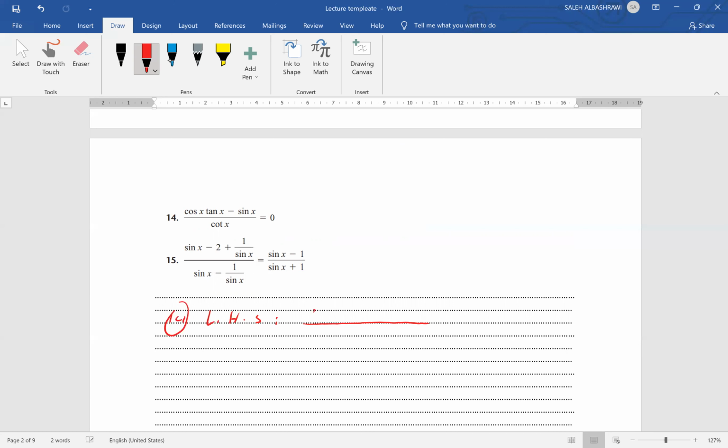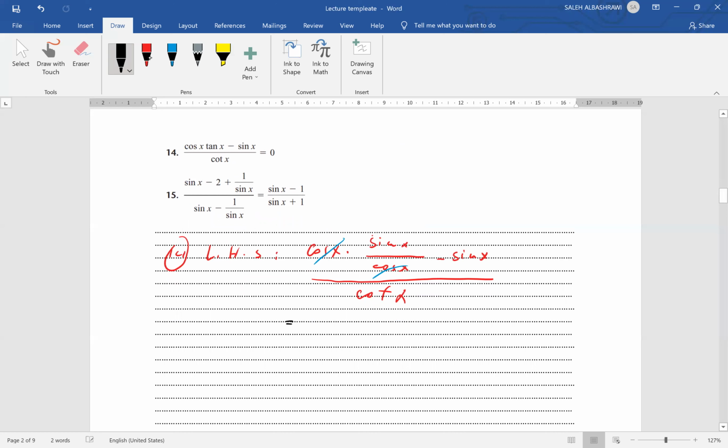So I can write it as cosine multiplied by tangent, which is sine x over cosine x, minus sine x all over cotangent. Now I can cancel cosine with cosine, so I'll have sine minus sine will give me 0.